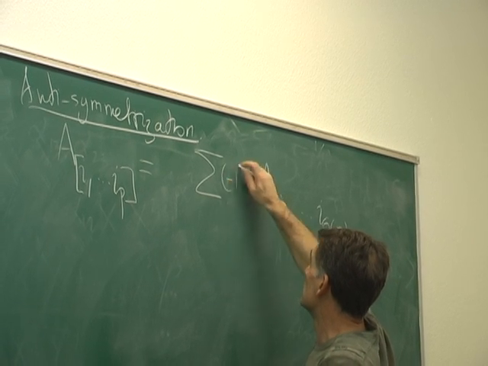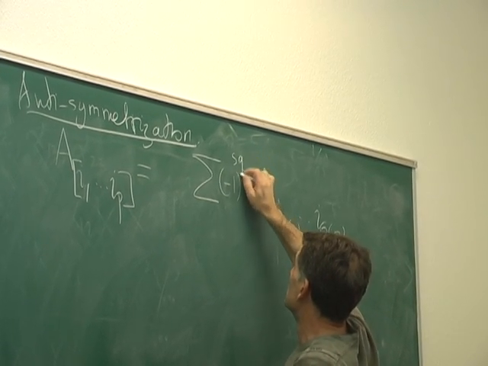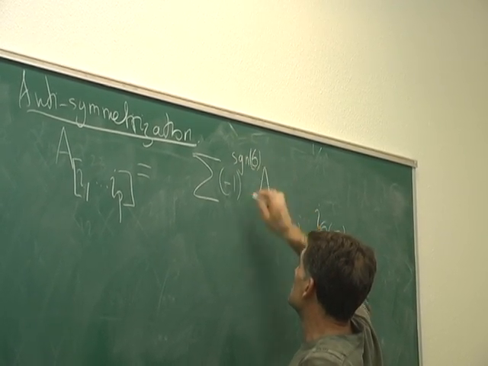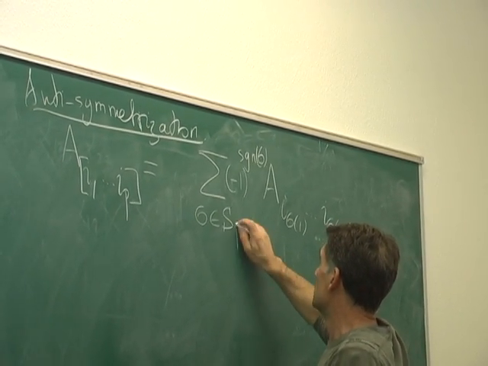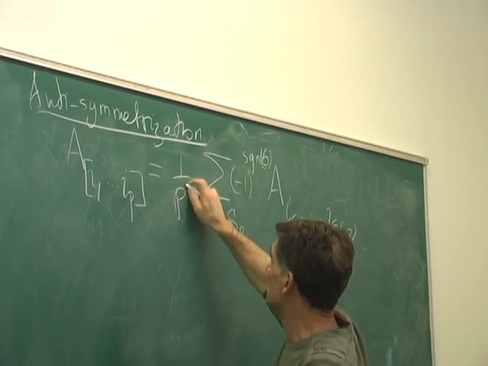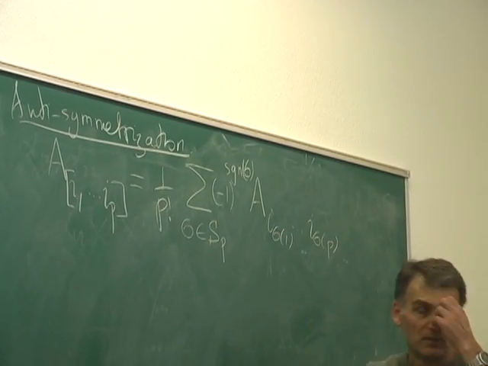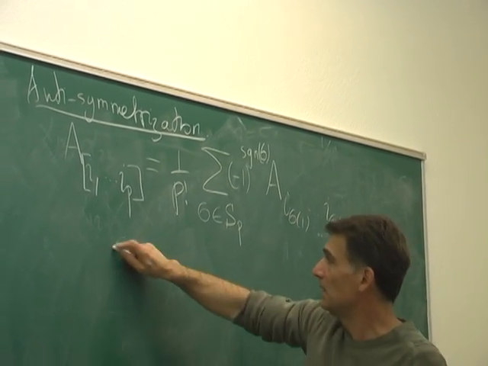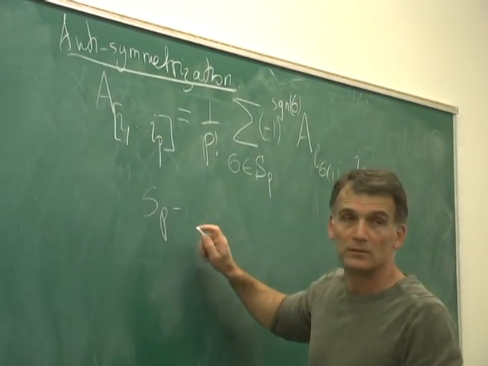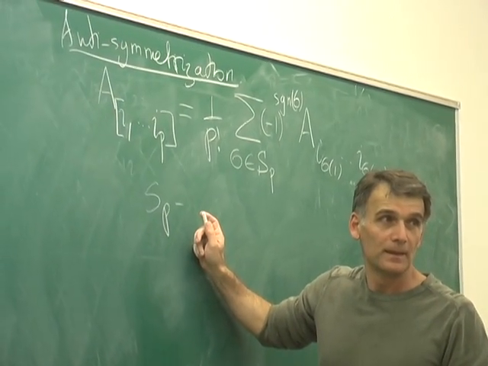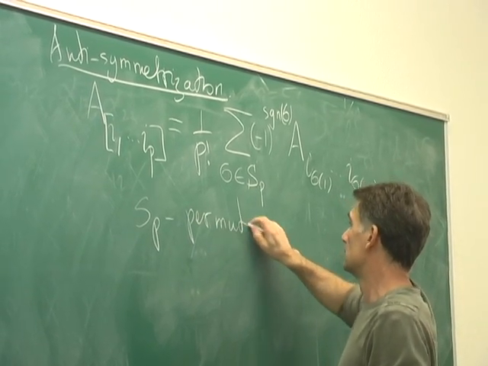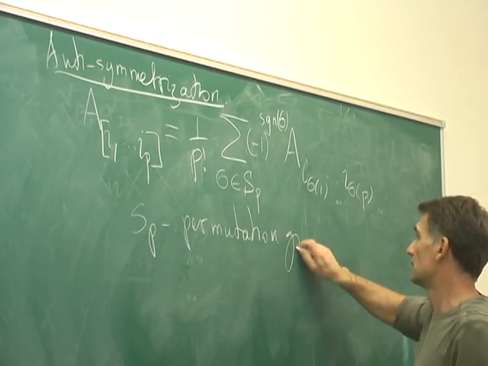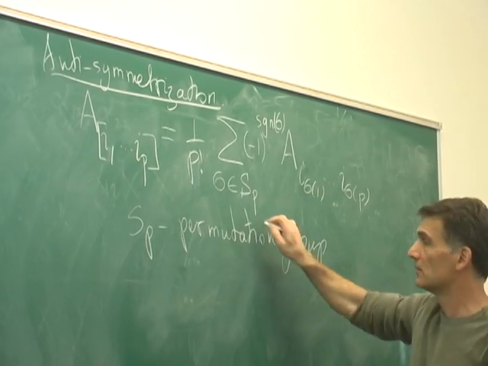Then you get -1 to the power of sigma, and you sum over sigma in SP, and then you divide. Sorry. So what is SP? The SP, you remember what is it? It's a permutation group. So it's a finite group.